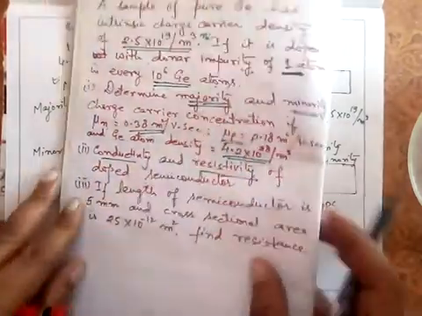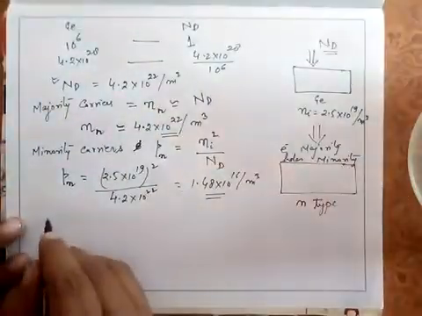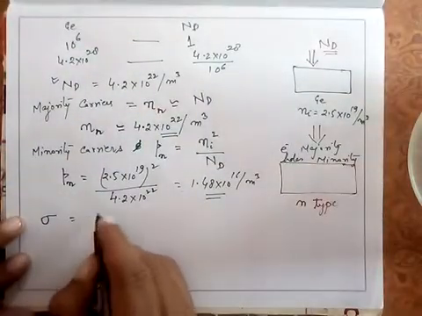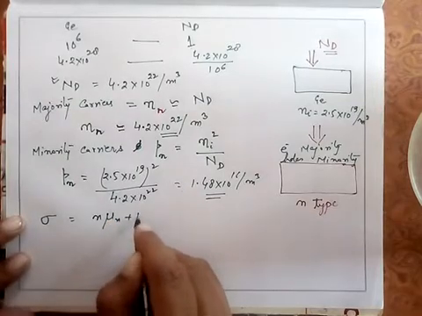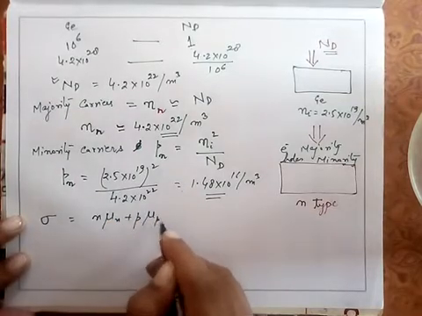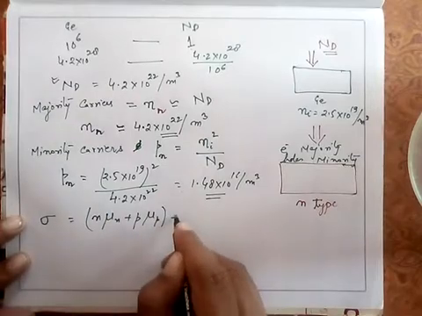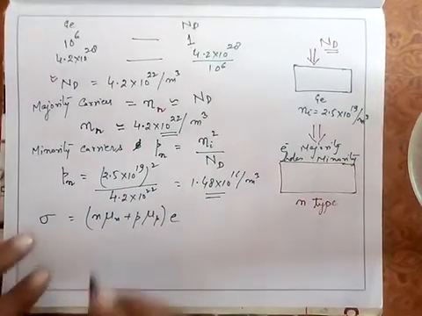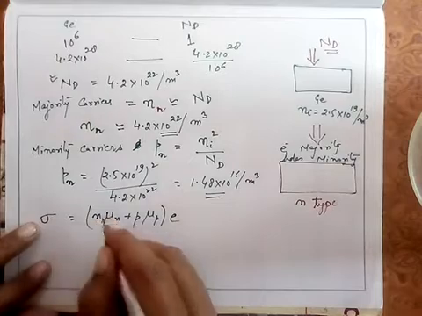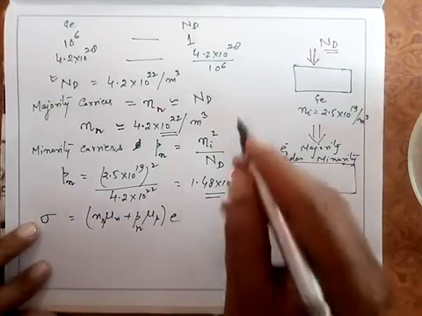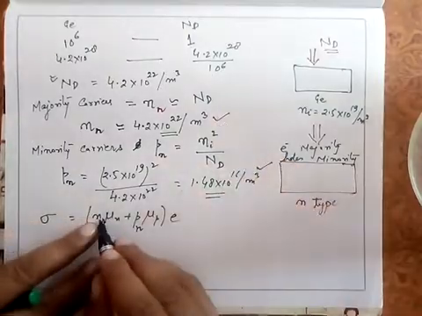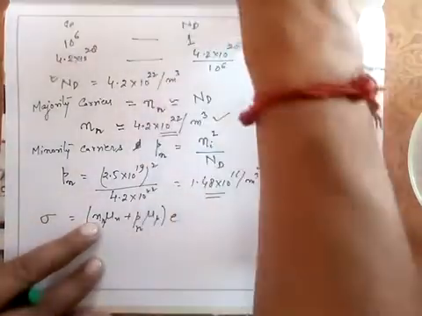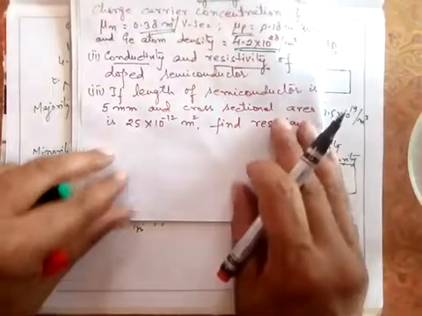The conductivity of a semiconductor is equal to n mu n plus p mu p, into e. Here n is the number of electrons and p is the number of holes in the n type semiconductor, which I have already calculated. Just substitute these here.